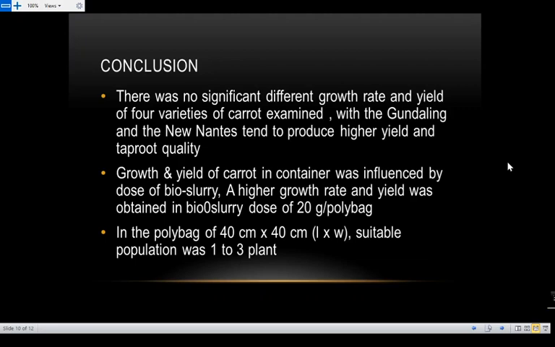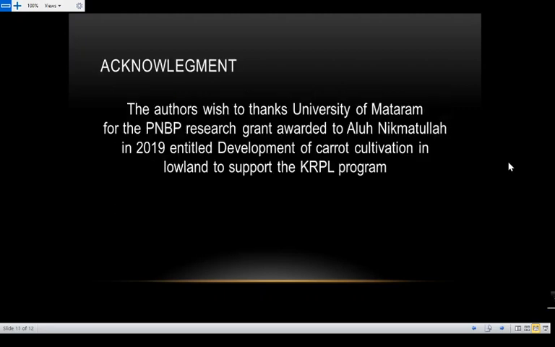A higher growth rate and yield was obtained at a bioslurry dose of 20 gram per polybag. In the polybag of 40 cm x 40 cm, length by width, the suitable population was 1 to 3 plants. That's all the result of our research.